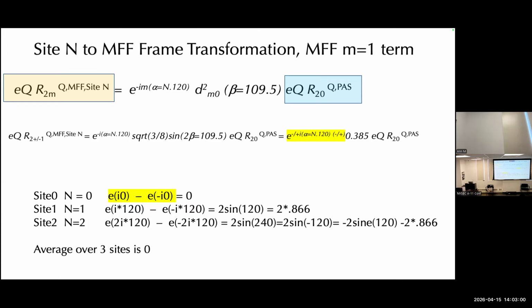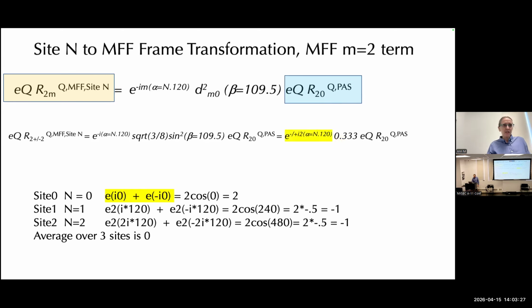So we have the bond axis. If I say in that frame, what is the 0 component? In other words, the major component of this tensor, I get a third of whatever it was when it was the static value. But if I'm starting to ask for the n equals plus or minus 1 values, they average to 0 between them. So there's no anti-symmetric part.